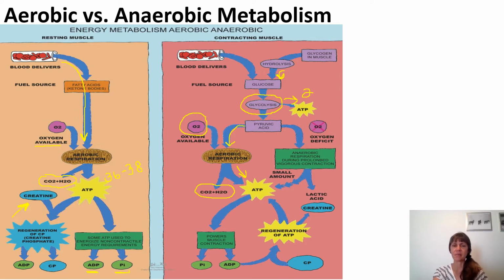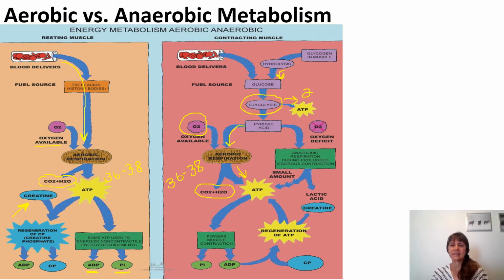Remember, anytime we use aerobic respiration to produce ATP, we get a lot more bang for the buck. 36 to 38 molecules of adenosine triphosphate with aerobic respiration versus 2 molecules of adenosine triphosphate with glycolysis, which is considered anaerobic because there's no oxygen required.